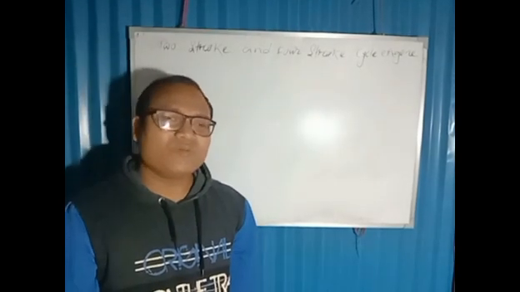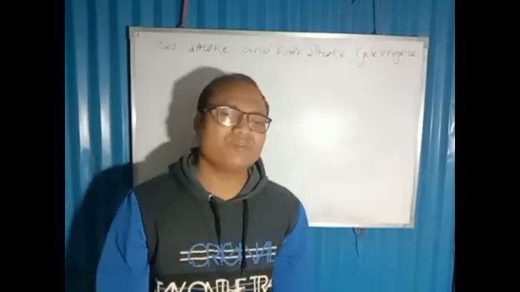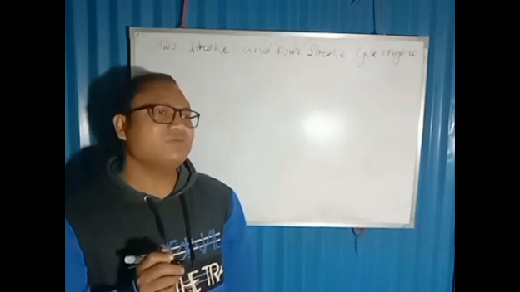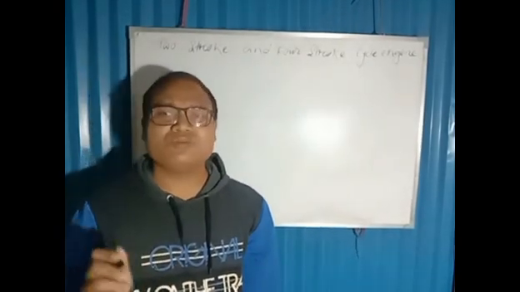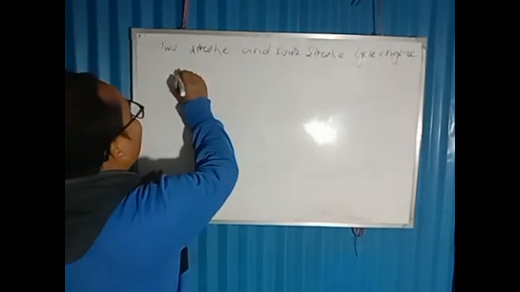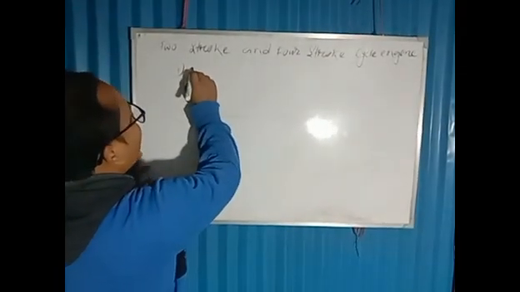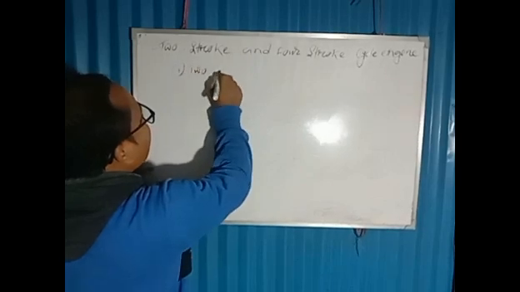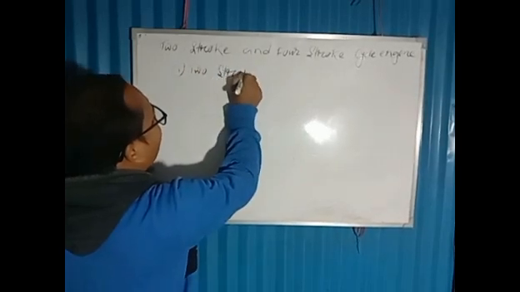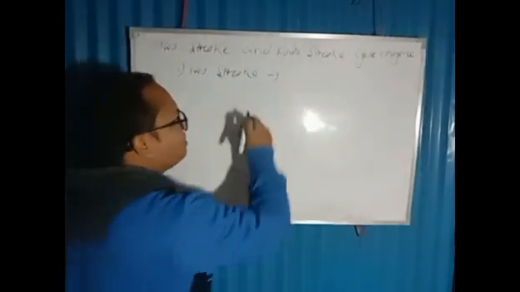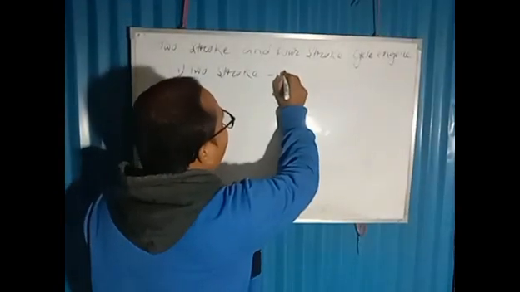For one rotation of the crankshaft, the two stroke engine consists of two strokes: the first stroke and the second stroke.